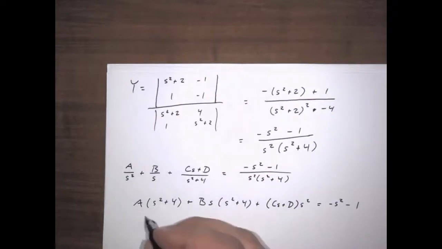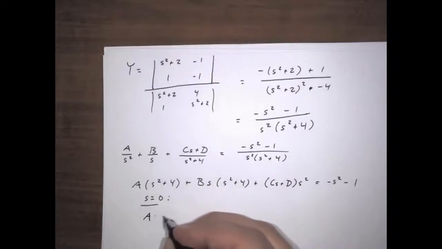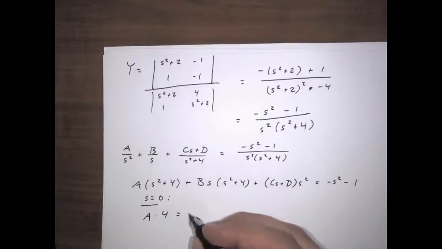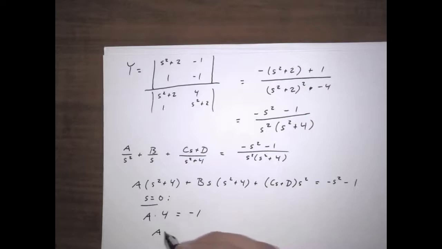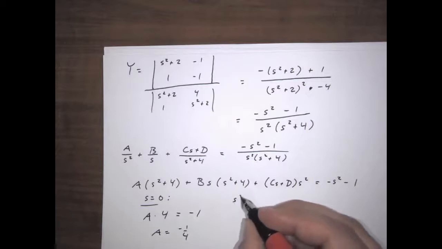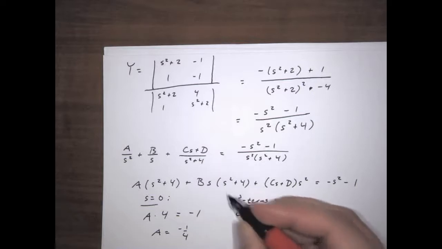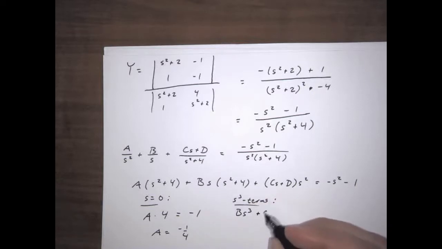And now, once again, s equals 0 gives us the same sort of operation as before, but now it's going to be a times 4 is equal to negative 1. So a equals negative 1/4. And then we can go with the s cubed terms again. Just follow our footsteps from previously. So we again have a bs cubed and a cs cubed equal to 0, so b equals negative c.